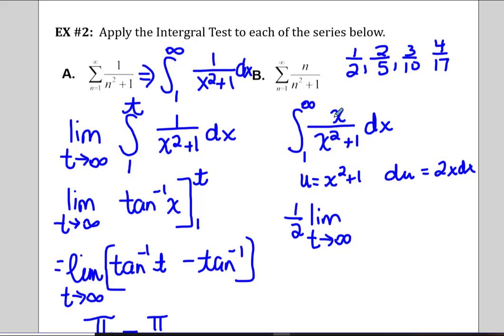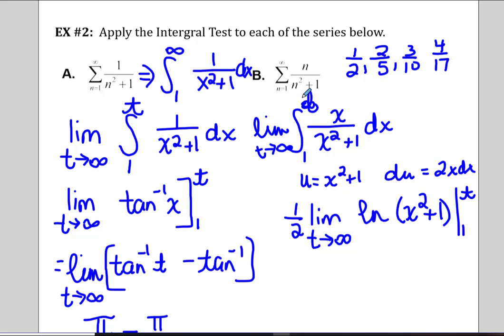We have the natural log of x squared plus 1, which was our u substitute, and we're evaluating from 1 to t. So I'm leaving off that limit as t approaches infinity from 1 to t, and then using the u substitution here.